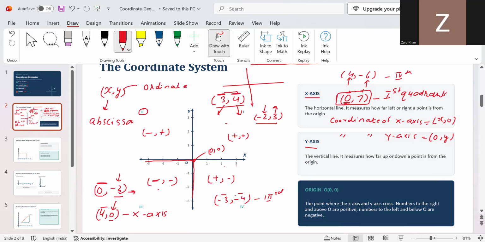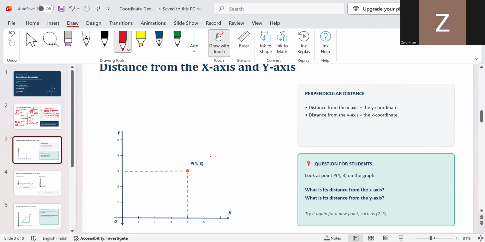Now in the next slide I will teach you how to draw these points. Suppose that we have to draw (4, 3). First of all, let me know where (4, 3) will lie. Sorry, 4 is the x coordinate and 3 is the y coordinate.